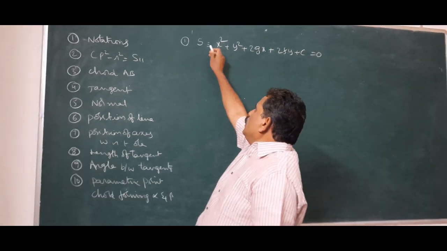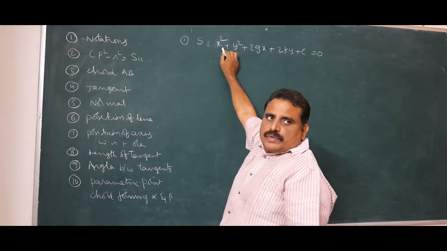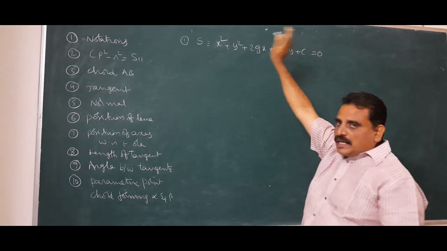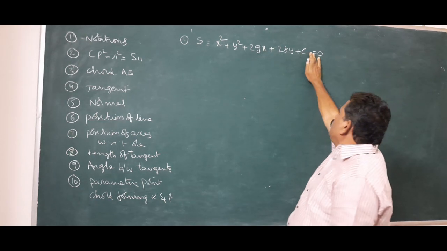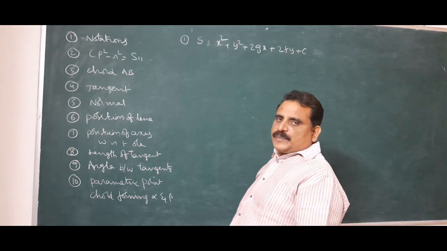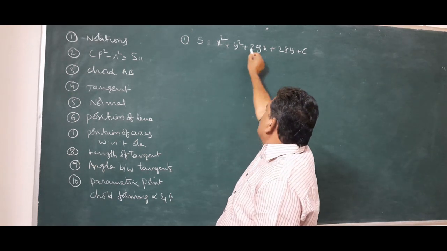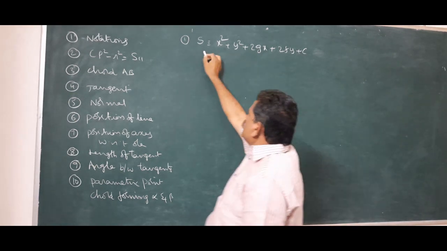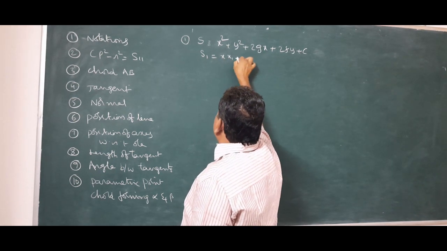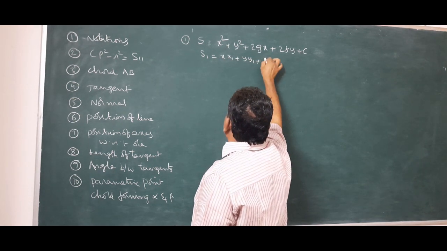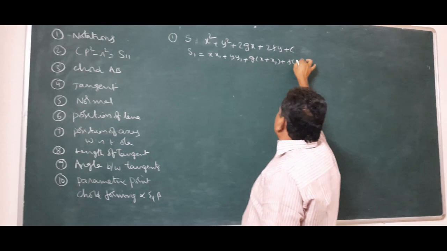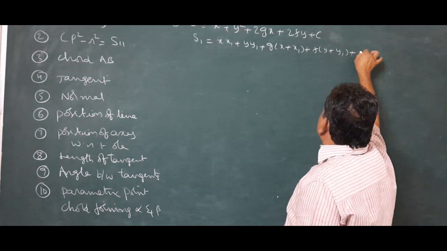That means S equal to x square plus y square plus 2gx plus 2fy plus c equal to 0 is a circle. If we take this expression, S1 equal to xx1 plus yy1 plus g into x plus x1 plus f into y plus y1 plus c.